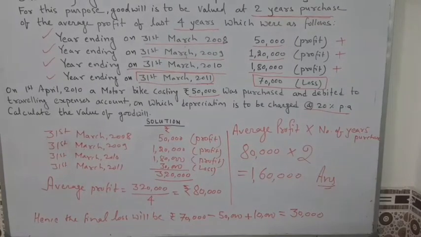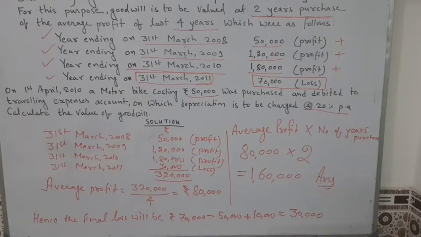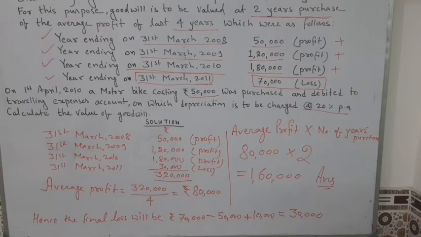After calculating 3,20,000, average profit is equal to 3,20,000 divided by 4, which is 80,000. Hence the final loss will be 70,000 minus 50,000 plus 10,000 is equal to 30,000.